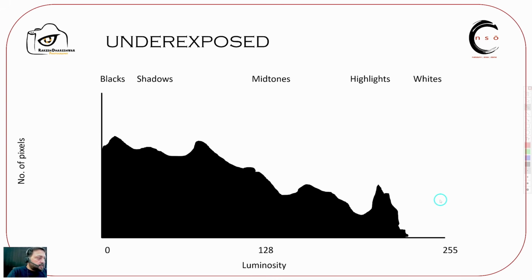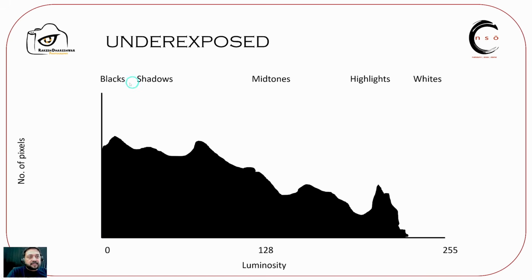Here when I look at this in particular, I see a space which is empty. It means that there are no pixels which are beyond highlights. If you come to the left, you see there is a huge number of pixels. It starts somewhere not below on the x-axis, but somewhere on the y-axis.